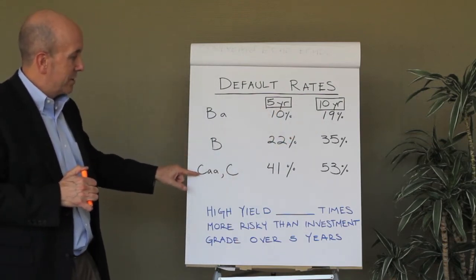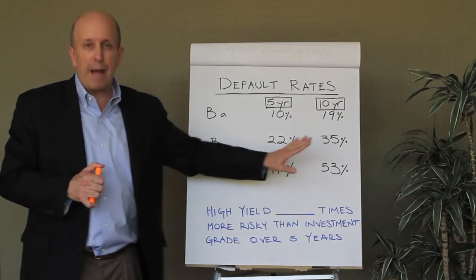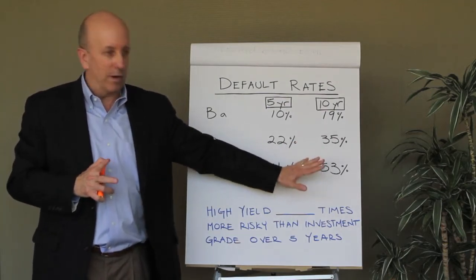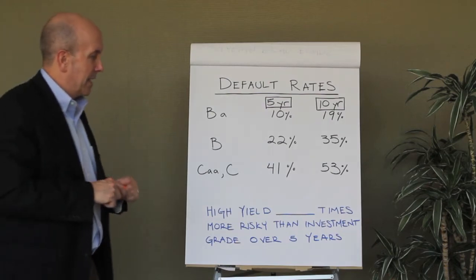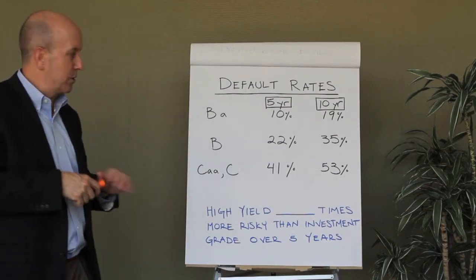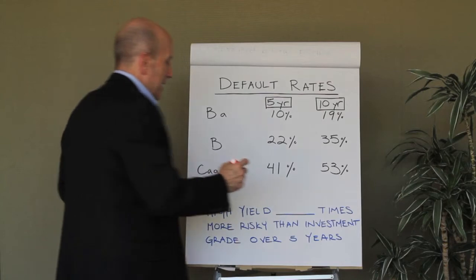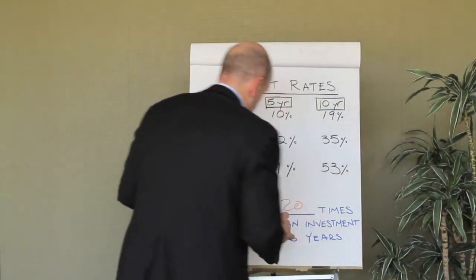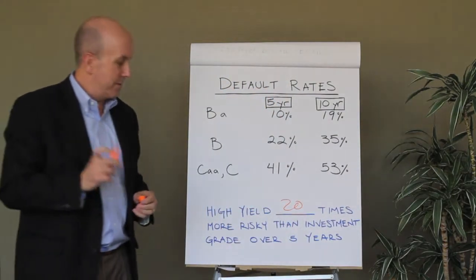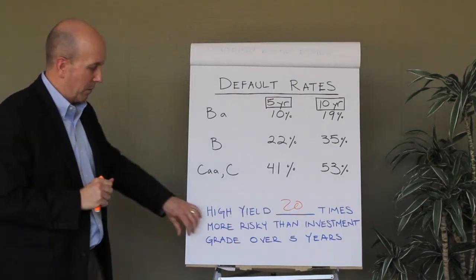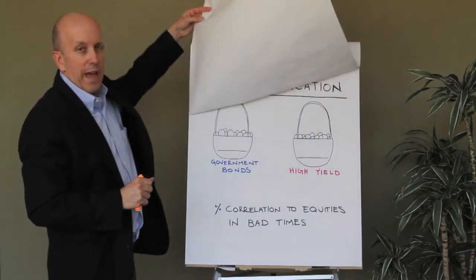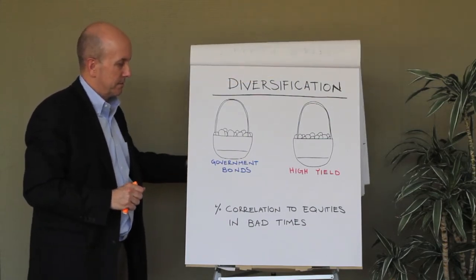When we get down to C, just expect those to default, because that's about what's going to happen. So high-yield bonds, as a class, which includes some of all these, are about 20 times more risky to invest in over a 5-year period. So consider that when we stretch to get a better yield.